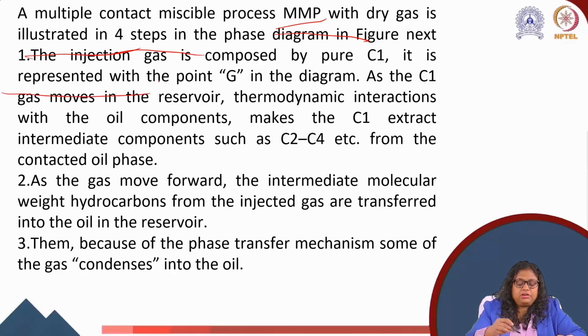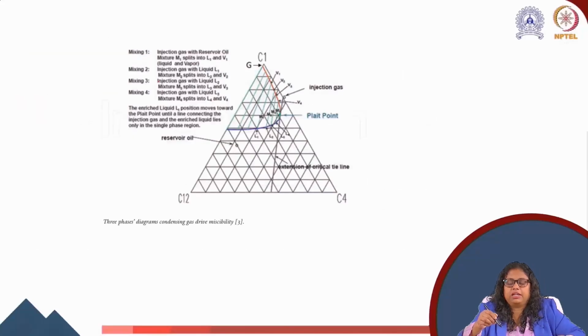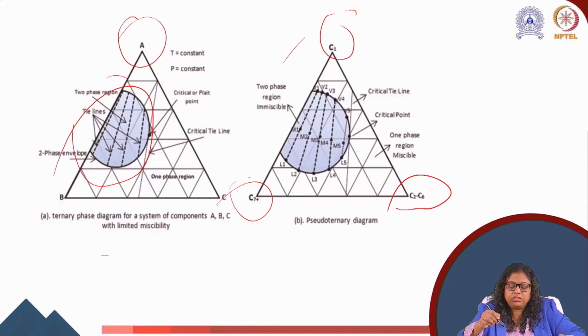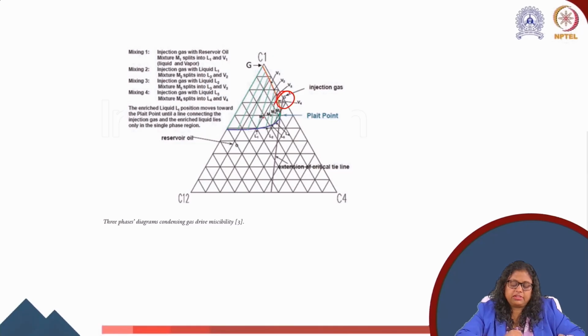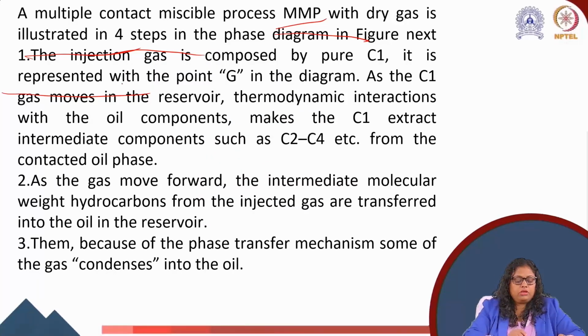It is represented with the point G in the diagram. This is the injection gas we are talking about, composed of pure C1. As the C1 gas moves in the reservoir, what will happen?